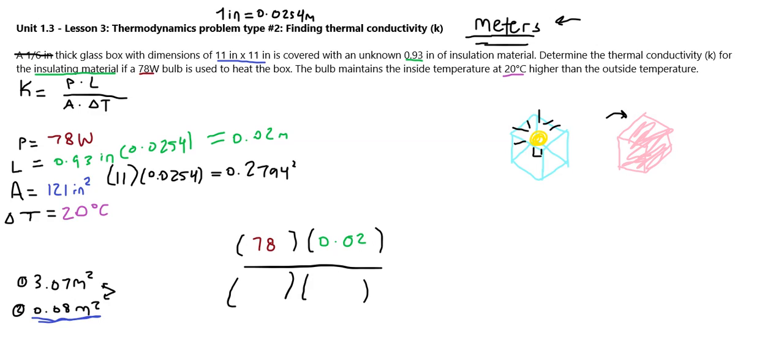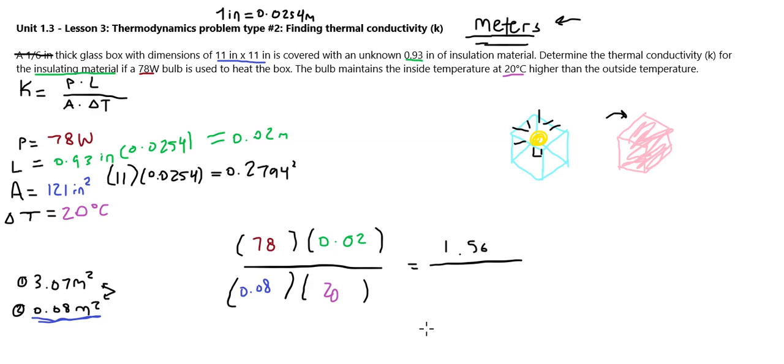Then we plug in for the area 0.08. Then for the delta T is 20, because it's 20 degrees Celsius. Now we can first solve what's in the denominator and numerator. So 78 times 0.02 is 1.56.